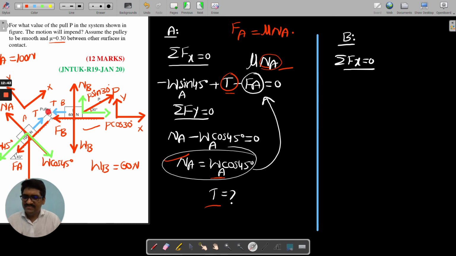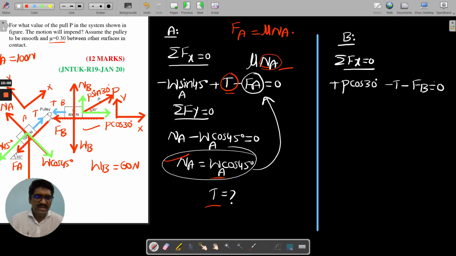So plus P cos 30 minus T minus FB is equal to 0.